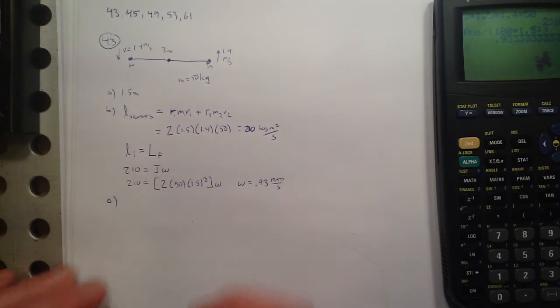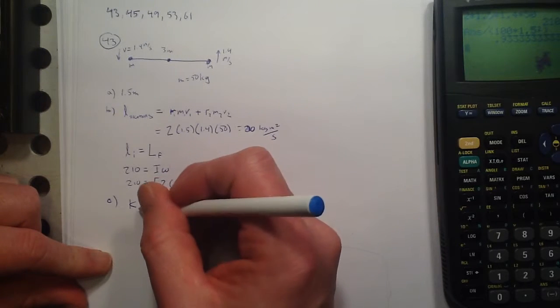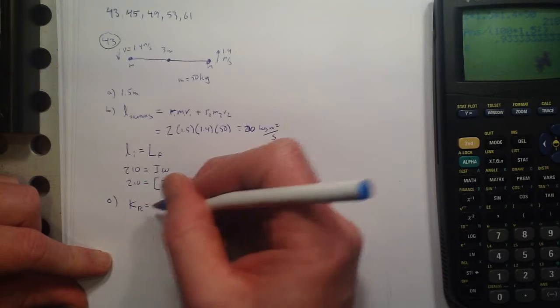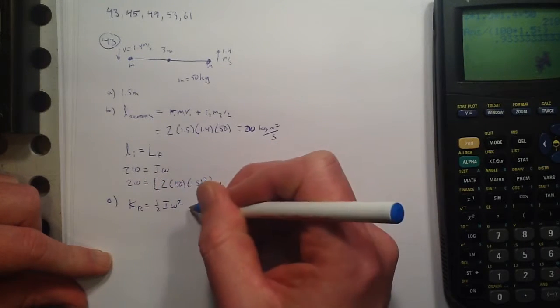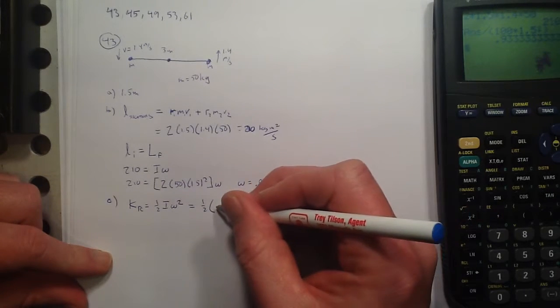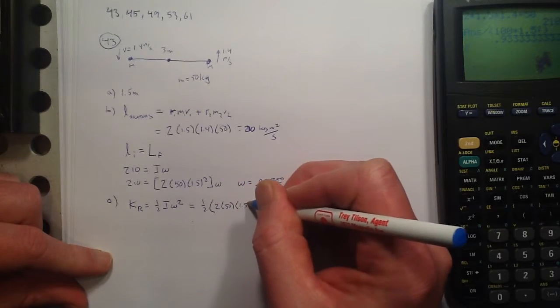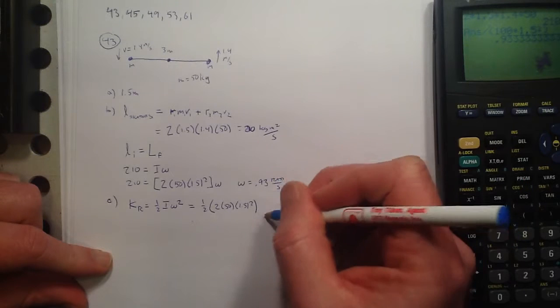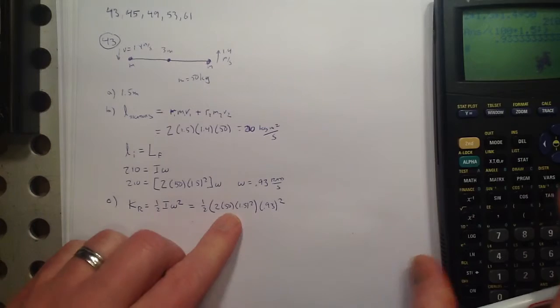Part C. What's the kinetic energy of the two-skater system? Well, the rotational kinetic energy of the system is equal to 1/2 I omega squared.